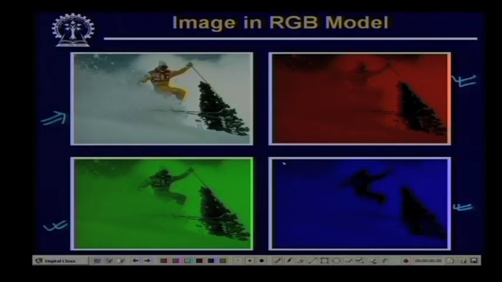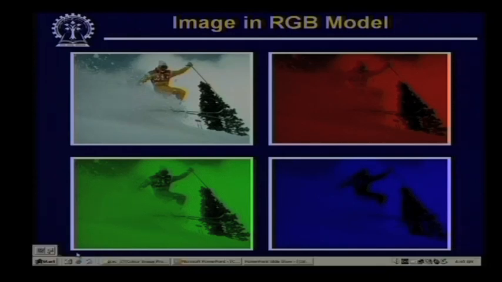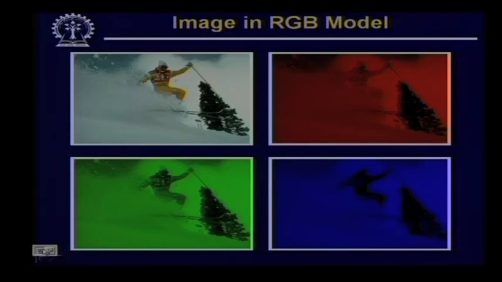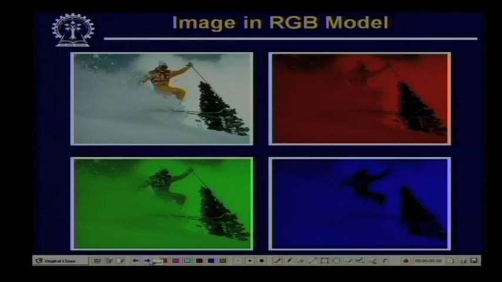Now, as we said, red, green and blue are mostly useful for display purposes, but when it comes to color printing, the model which is used is the CMY model, or cyan, magenta and yellow model. So for color image printing, we have to talk about the CMY model. However, the CMY can be very easily generated from the RGB model.